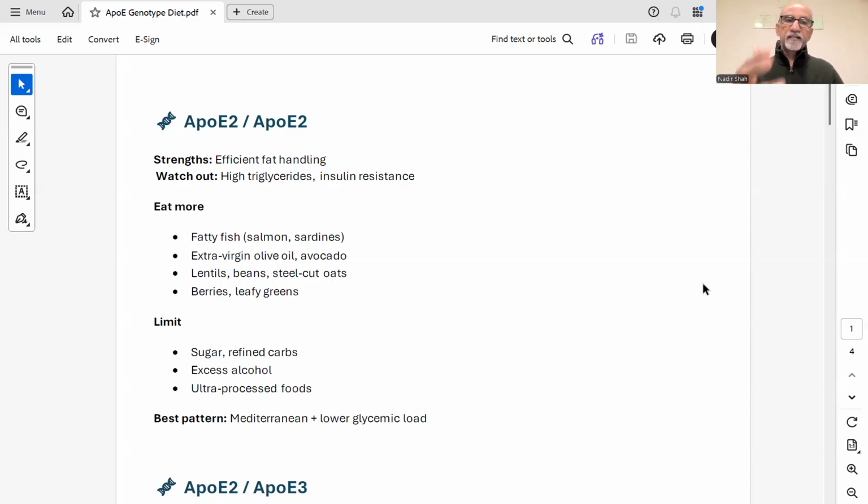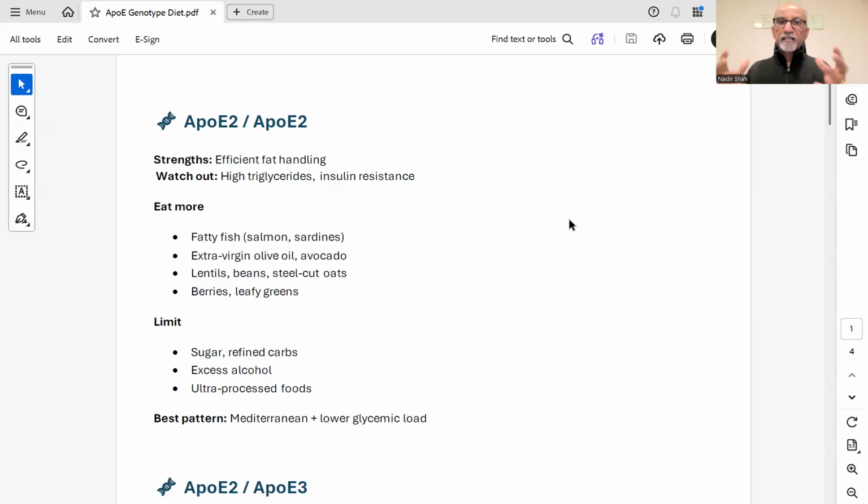And when it comes to the two particular diets, in my case 3-3, and my wife's case 3-4, I'm going to validate that what it gave me makes sense, and we have seen it in the test results as well. So ApoE genotype 2 folks, they handle fats pretty well.